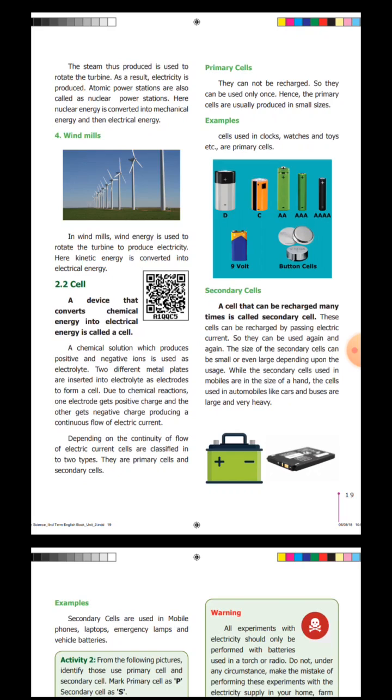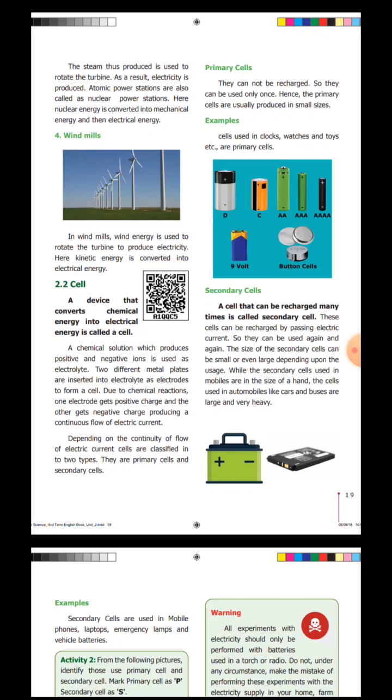Yes or no? Yes. So when the chemical reaction happens, one electrode will get a positive charge and the other electrode will get a negative charge. So due to this chemical reaction, the positive charge and negative charge produce a continuous flow of electric current. So how are cells classified, children?